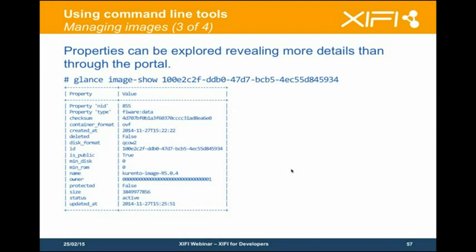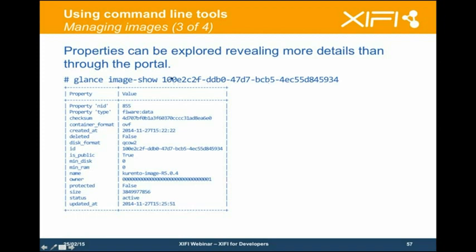You can also explore a little bit more about the details than you can get in the portal by just asking for information about the image. For addressing an image, you can use the image name, or you can also use the unique identifier.